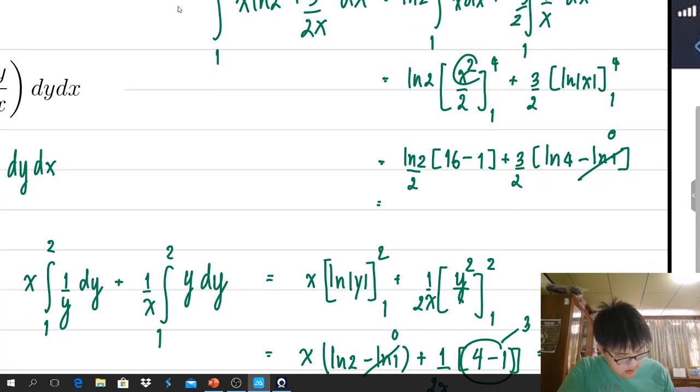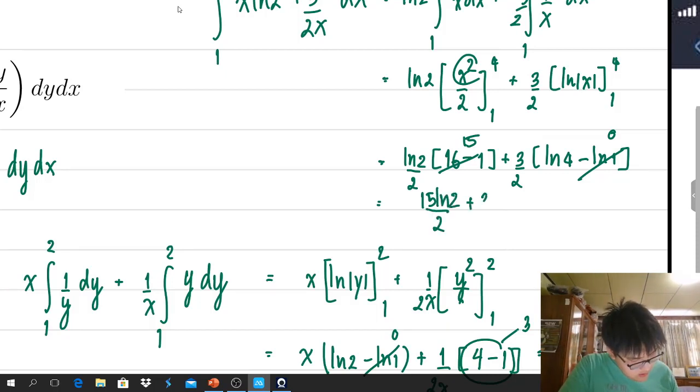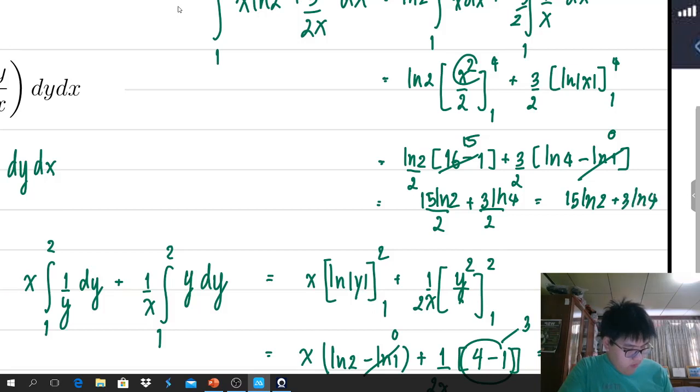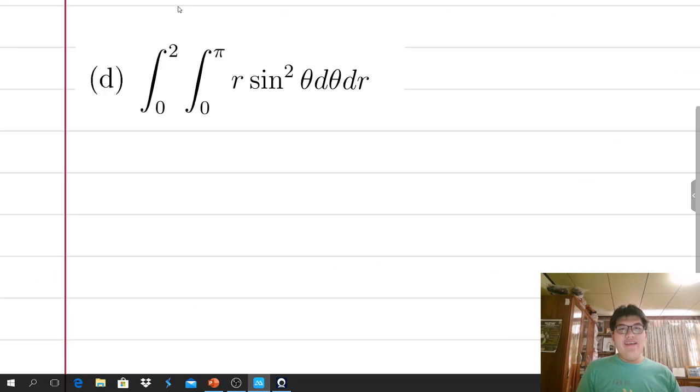But here this one is 15, ln 2 over 2 plus 3 ln 4 over 2, equal to 15 ln 2 plus 3 ln 4 over 2. Yes, this is our answer. Okay, move to the next example.